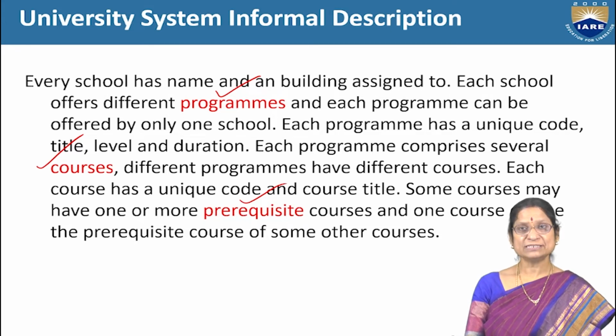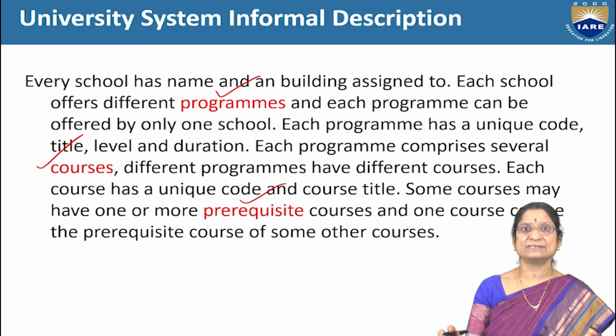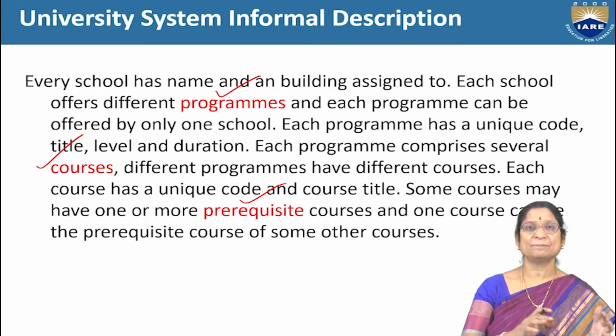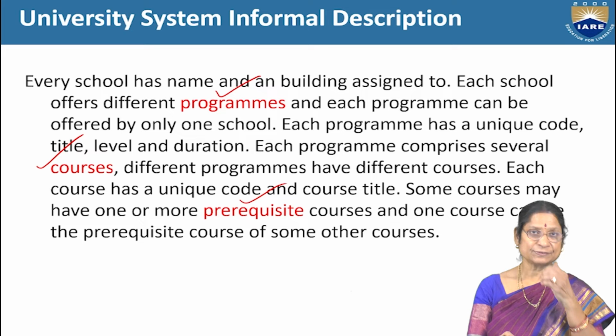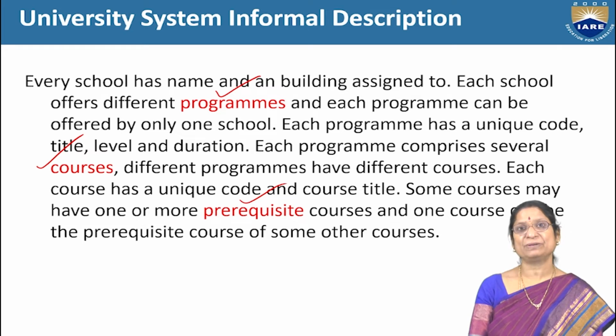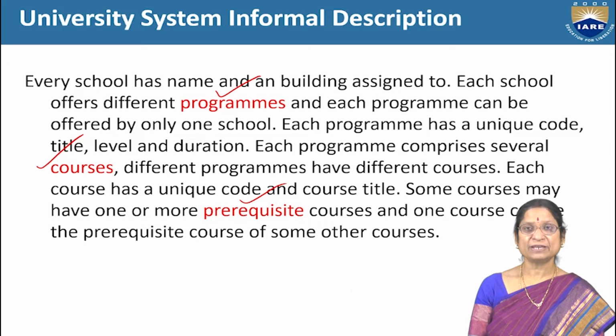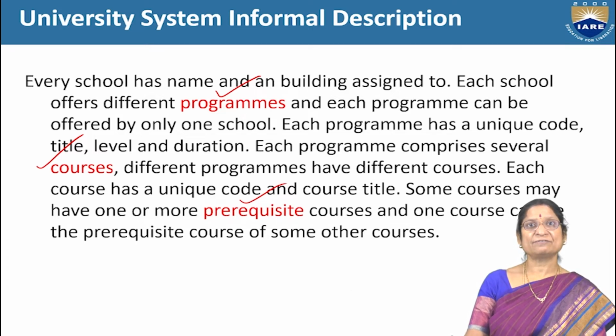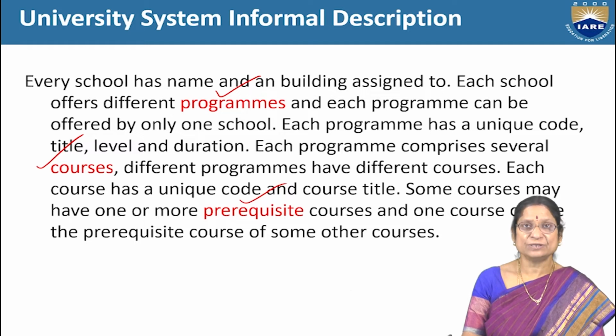So what is a prerequisite? A prerequisite is also a course, which is supposed to be completed before registering for some other course. So a prerequisite is also a special case of course. In other words, we can say a course is connected to itself with a prerequisite relationship. That is a unary relationship.